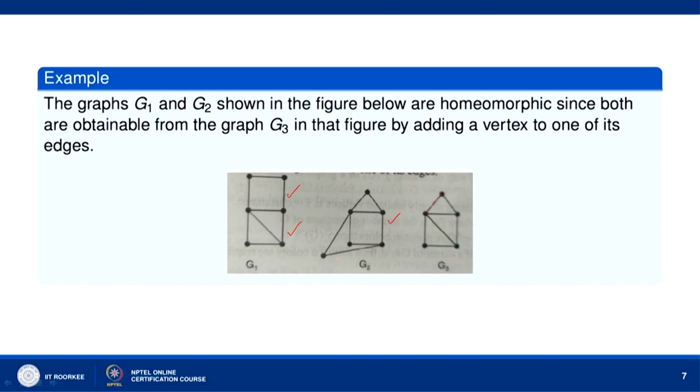And we can arrive at the graph G2 by adding one vertex over this edge, and the other edges are as such.